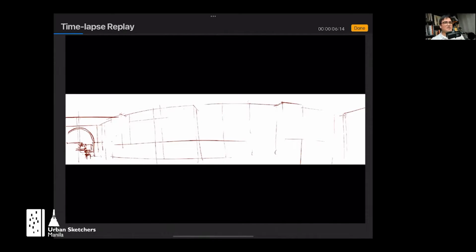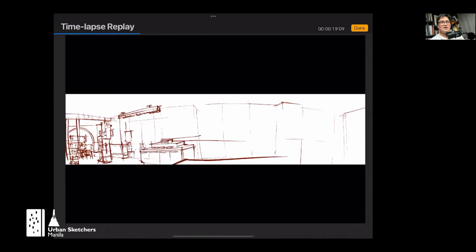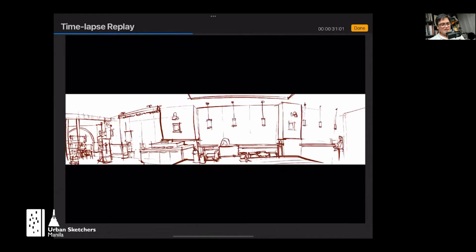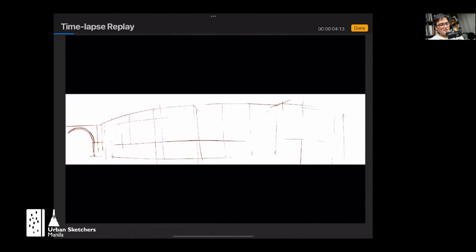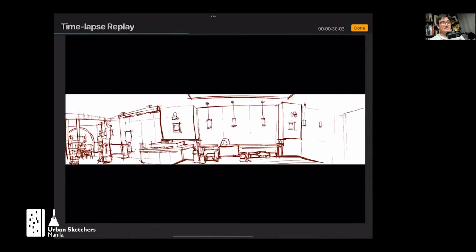So 5-point. I learned this through techniques by urban sketcher Richard Michel, whom I was so impressed with. The first thing I did was the framework, which is this, and then you go on to the details later on.